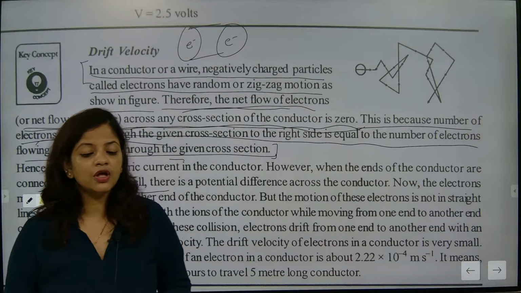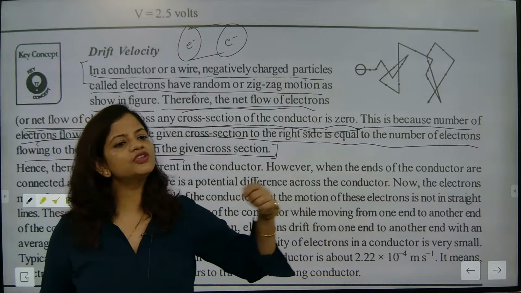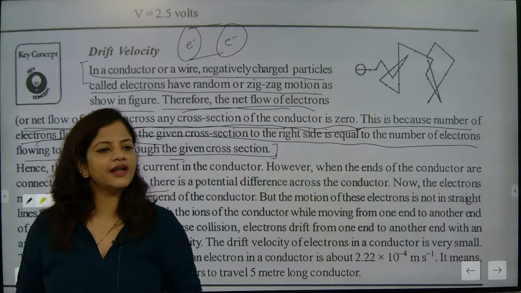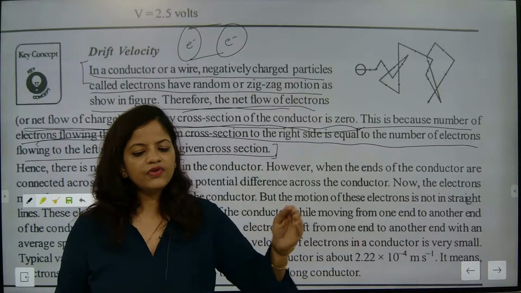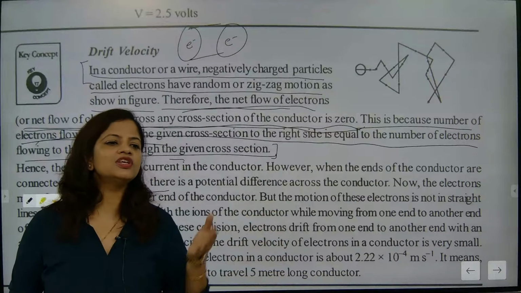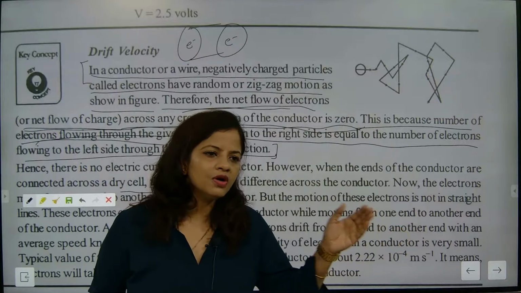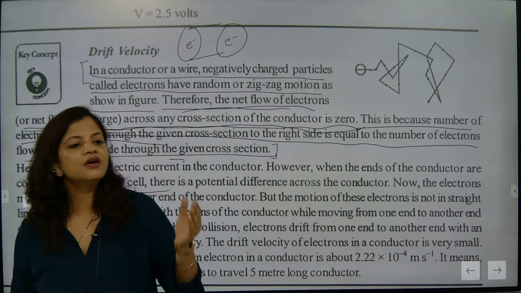Once something comes and says, come on, you have to move in this direction, we get motivated, we get some energy or some push. Because of that, the electron will move from one terminal to another terminal, and that is exactly considered as drift velocity.